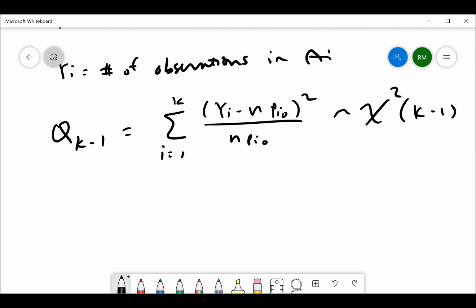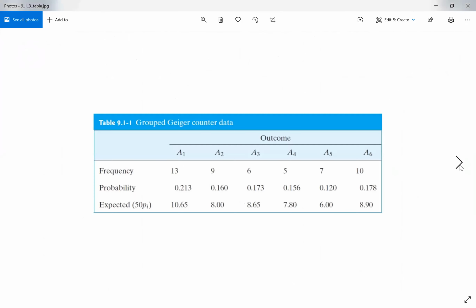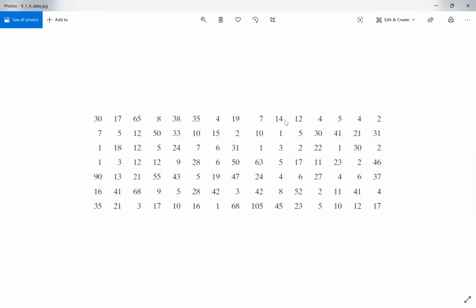So I'm not going to work the last example. This example 9.1.5 in the text, but I think it shows you a lot of what you want to know. So if we look at our table here, here are our data points.